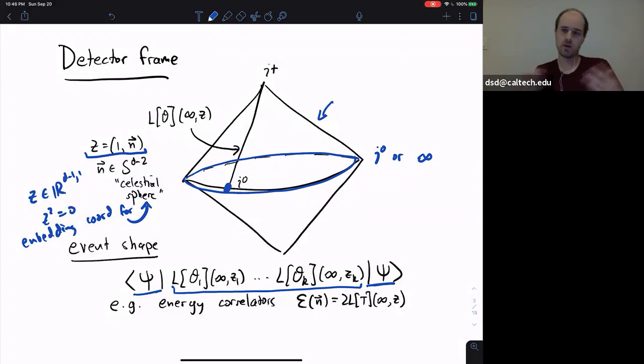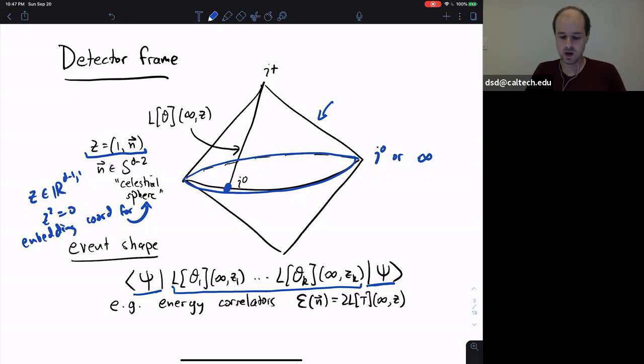And you can compute a correlator of the distribution of energies at future null infinity in some state psi. The interpretation in conformal collider physics is that the state psi is created by some kind of collision of particles, a state given by some operators acting on the vacuum, and then you measure the energy correlators in that state.